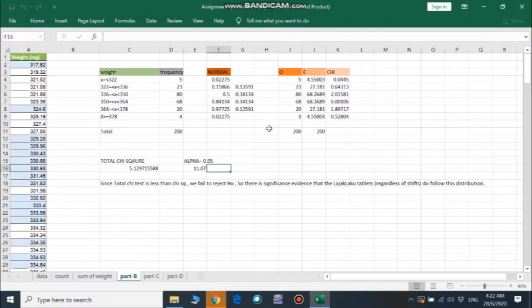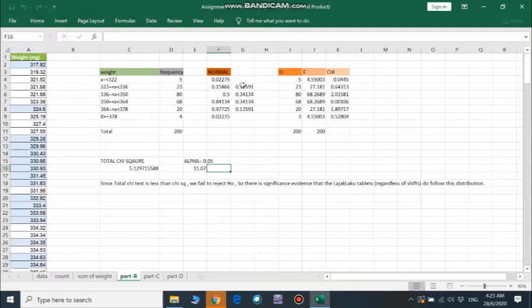For question B, we are going to make a hypothesis test on the tablet to check whether the tablet is following the normal distribution of 350 milligram and the standard deviation of 14 milligram.